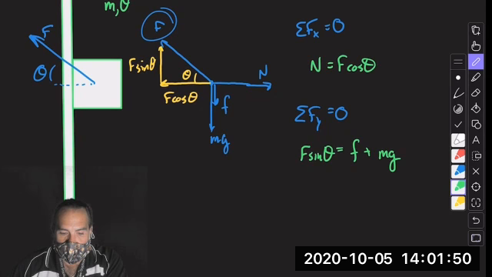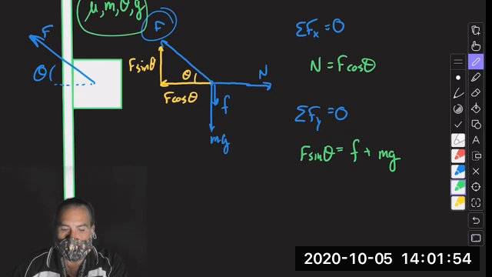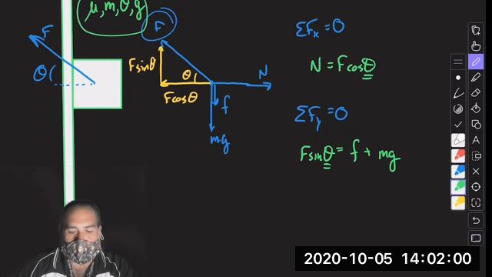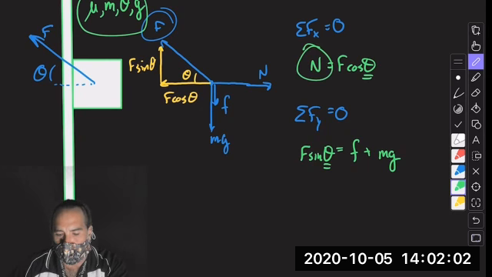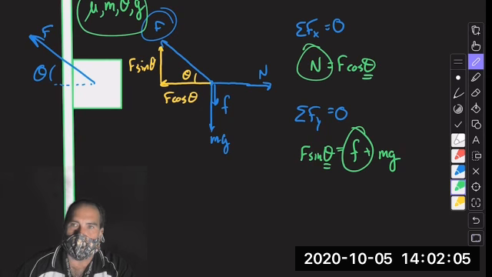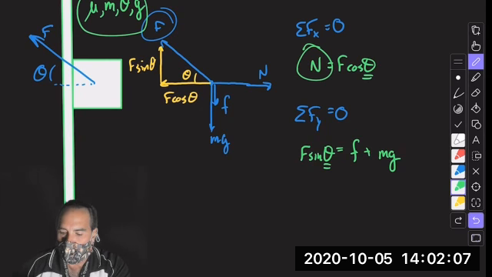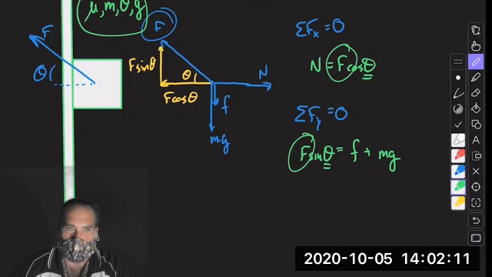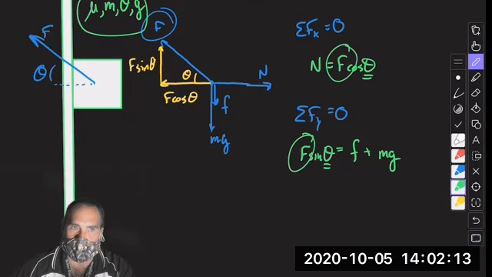M, theta, and perhaps g in it, maybe mu. Because if I try to eliminate, say, theta between these two equations, I'll be left with an equation that has normal force and friction, and those can't be in my answer. If I try to eliminate force between these two, well, that's ridiculous. That's what I'm solving for. How hard do I have to push against the box?